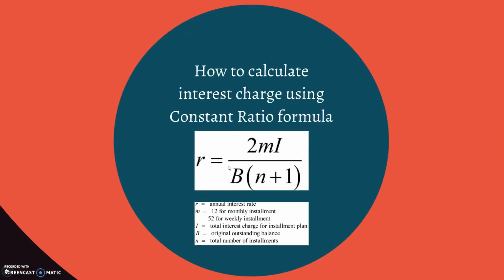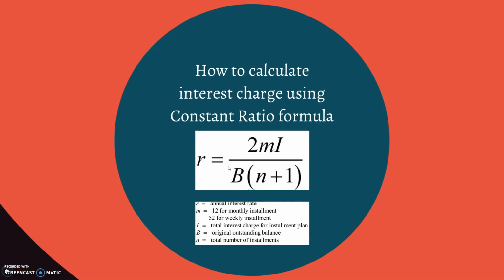And next we have the constant ratio formula. Basically this is a new formula for you. So R stands for the annual interest rate. By using this formula, you're always going to get an annual interest rate, or in other words, an effective rate. M stands for 12 or 52, depending on the agreement of the installment. If it is monthly, it will be 12.